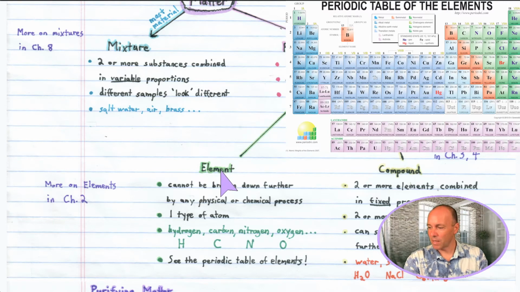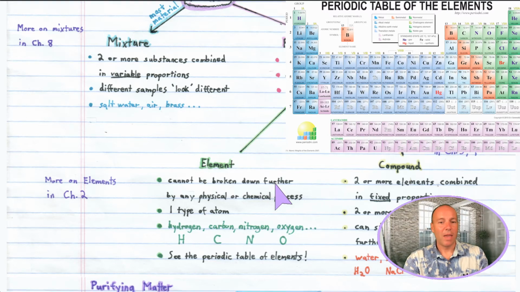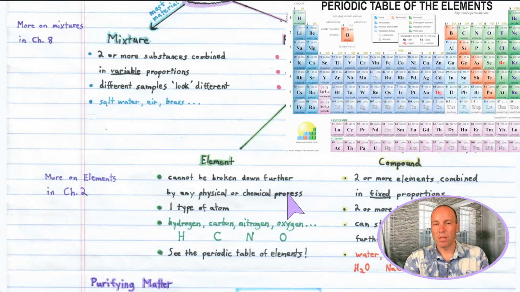So what an element is, it's a substance which cannot be broken down further by any physical or chemical change that you can think of. So if you have an element, no matter how much melting or boiling, whatever you do to it, you cannot divide that into two simpler substances. You cannot break it down any further.